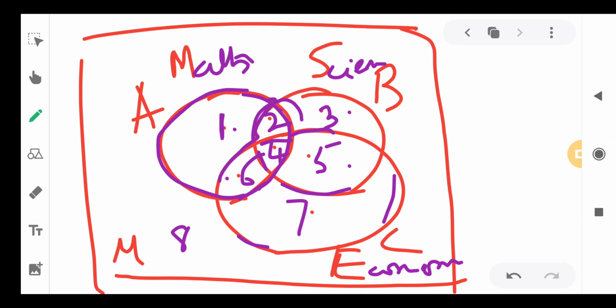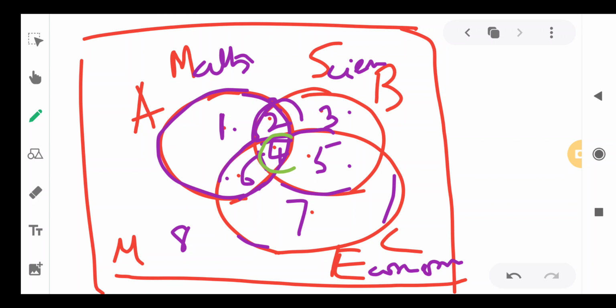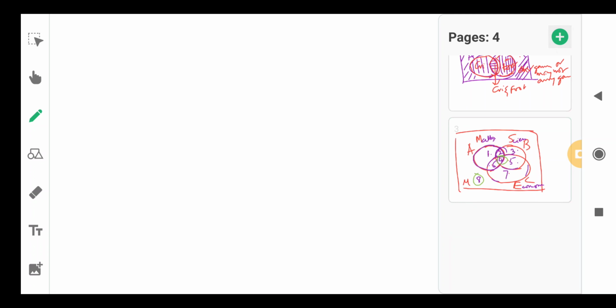Here it is economics, science and maths. This region is very important, because they study all three subjects. Anyone in the outside region does not study any of these three subjects; they may study other subjects, or none. So all these are Venn diagrams we can explain.